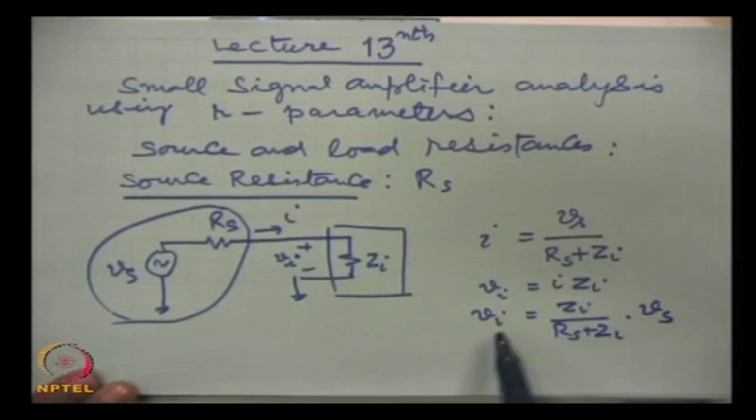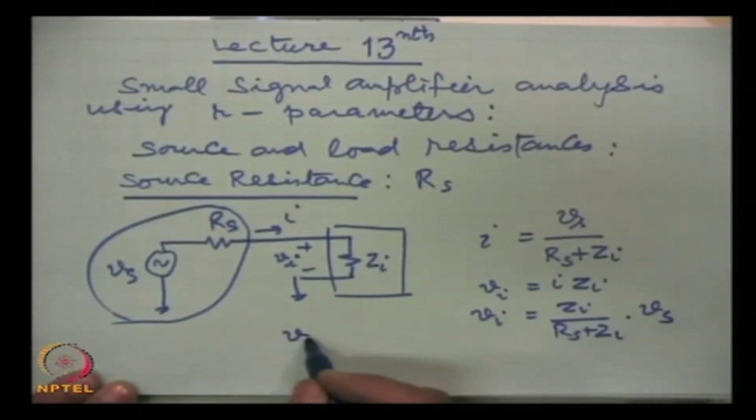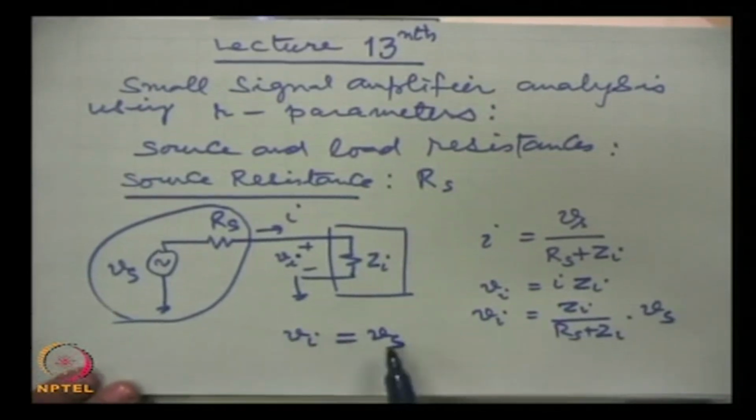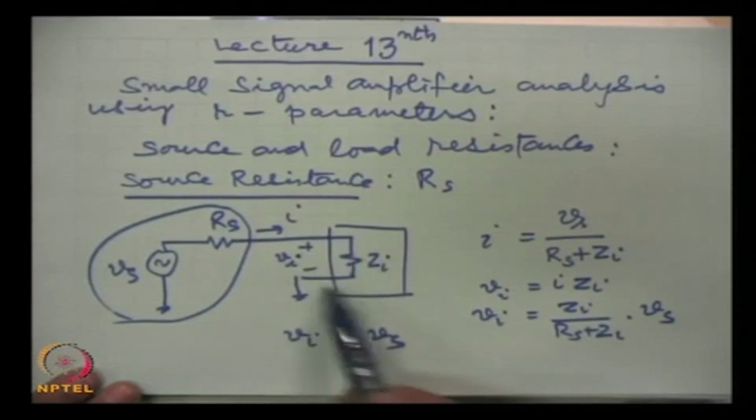Now, from this expression you can see that Vi will be equal to Vs, that means there is no signal loss. As much as we are applying, the same is available for amplification at the amplifier.